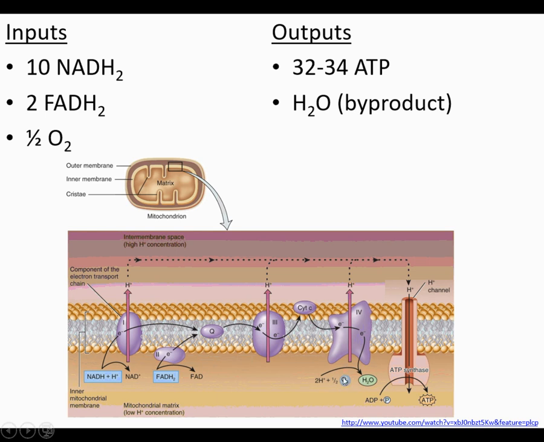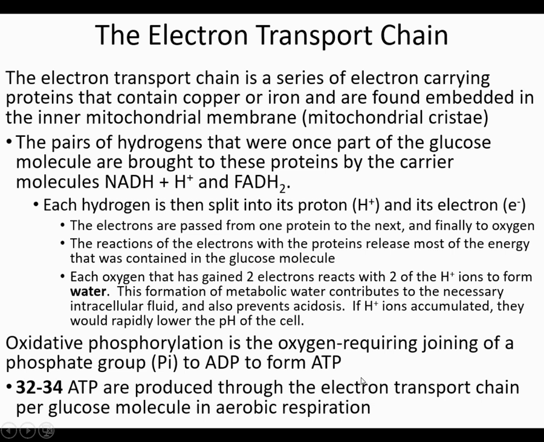That ends up becoming the water that we talked about. Okay, the oxygen and hydrogen ions join together to form water. Okay, that is called metabolic water, okay, and it helps to contribute to our necessary intracellular fluid. It also can help prevent acidosis. Because if hydrogen ions accumulated, pH would drop.